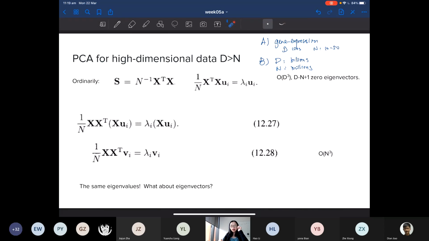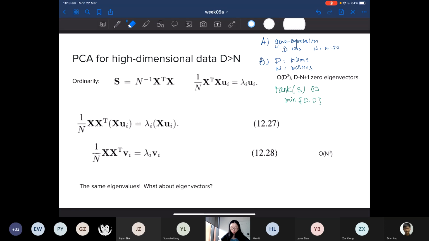And moreover, we know that the effort spent doing so is mostly wasted because there are at least D minus N plus 1 zero eigenvectors. We know that basically the rank of S is at most, I mean, is the minimum value between D and N.